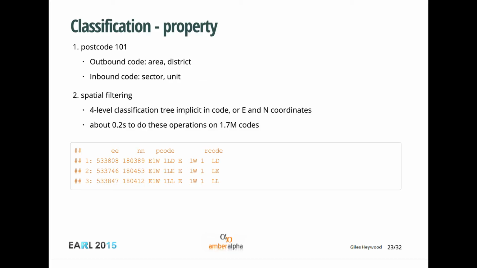And I've shown here the example of the Tower Hotel, and you can very easily then screen around that to a radius or to a unit or sector. And so we're down to a similar problem in terms of customizing a classification tree.